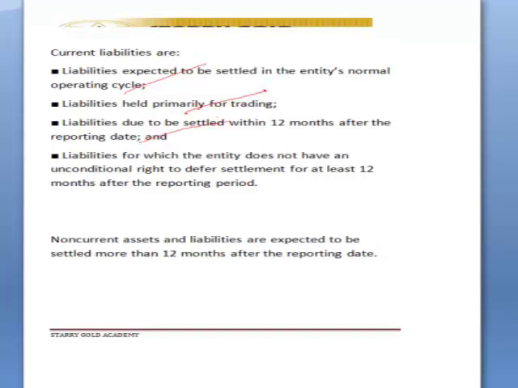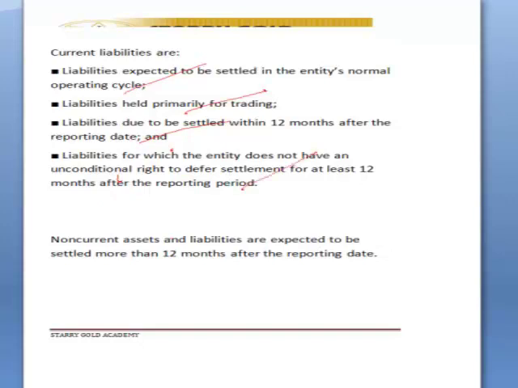Accruals, for instance accrued rents, are current liabilities. Your creditors, which you call payables, are current liabilities. Liabilities for which the entity does not have an unconditional right to defer settlement for at least 12 months after the reporting period also constitute a current liability.